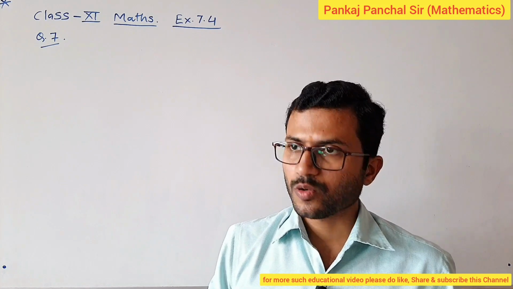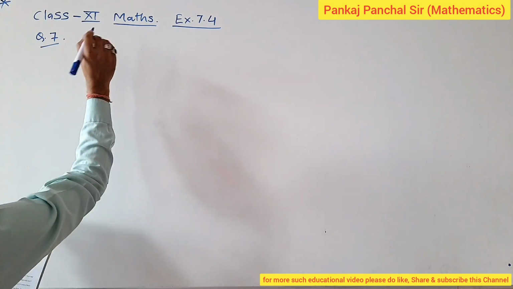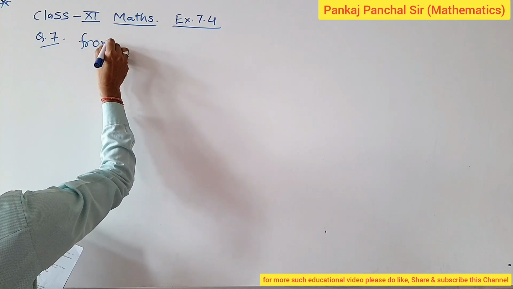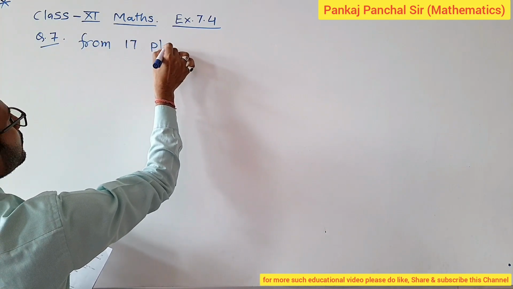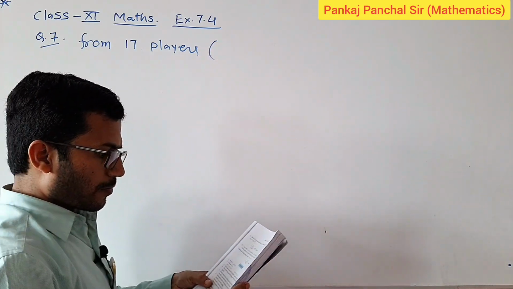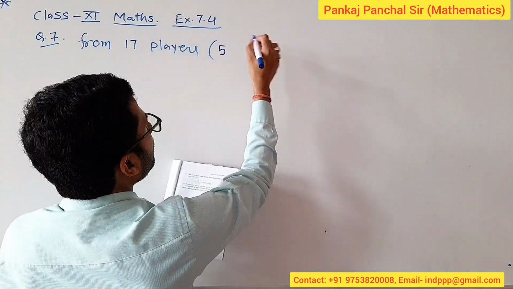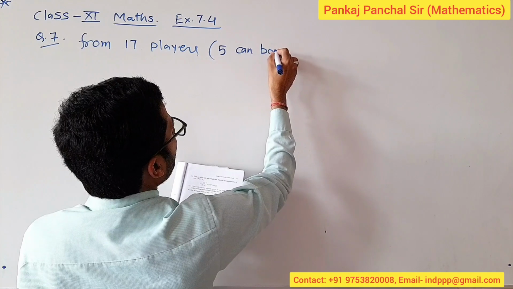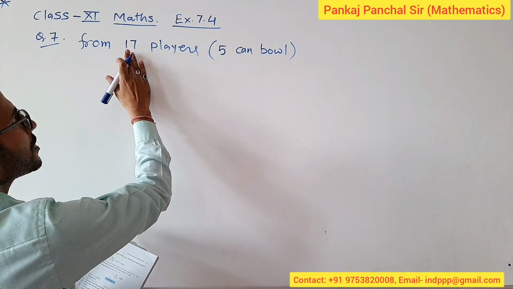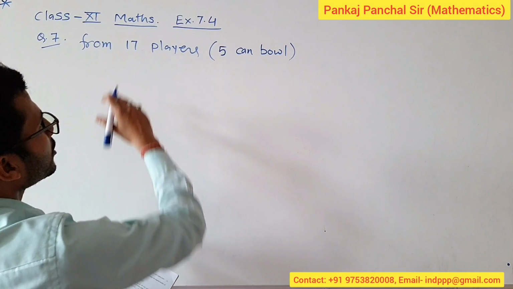So the question is that we have to select a cricket team from 17 players, in which 5 can bowl. It means out of 17, 5 are bowlers and 12 are other players.